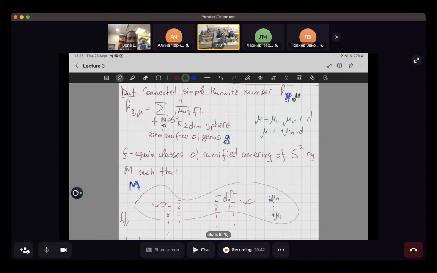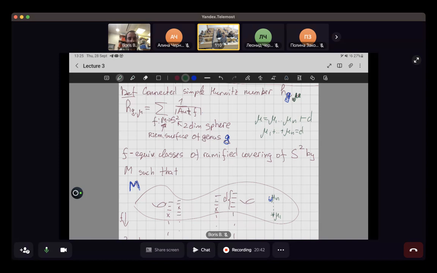But maybe I should say something more about this picture. Do we fix these endpoints on S2? Yes, we fix G, which is the genus of this surface.